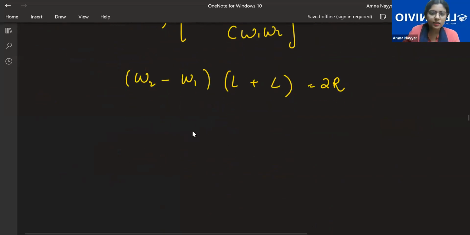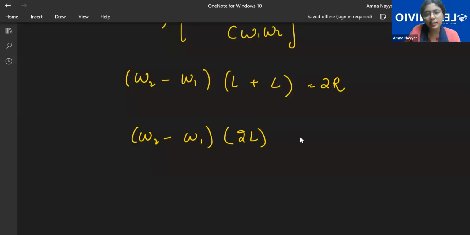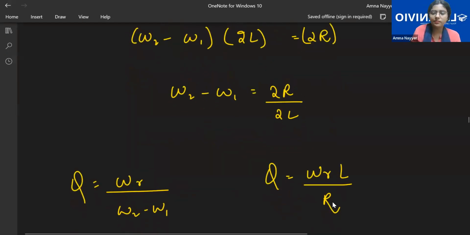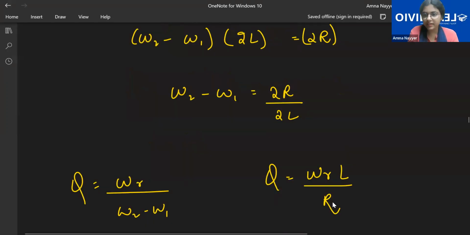So omega 2 minus omega 1 into 2L is equal to 2R. So what is the value of omega 2 minus omega 1? Can I say 2R divided by 2L? So these two will be cancelled.